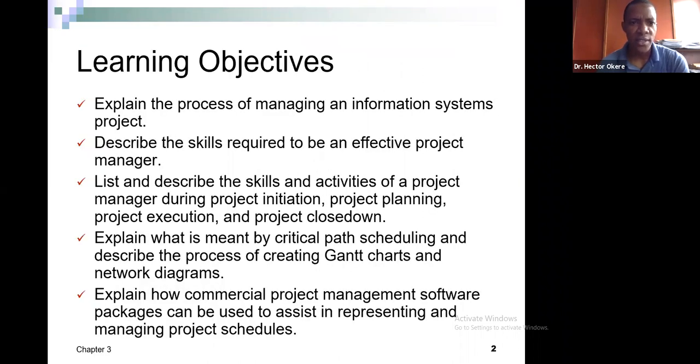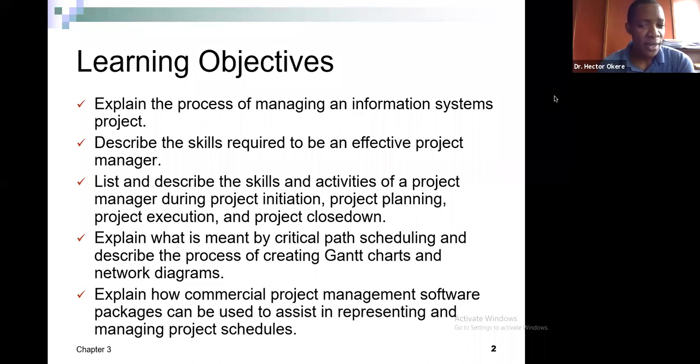So let's just start. These are the learning objectives of today's class, right? At the end of the class, I would want all of you to know and explain the process of managing information system projects, describe the skills required to be an effective project manager, list and describe the skills and activities of a project manager during project initiation, planning, execution, and close down.